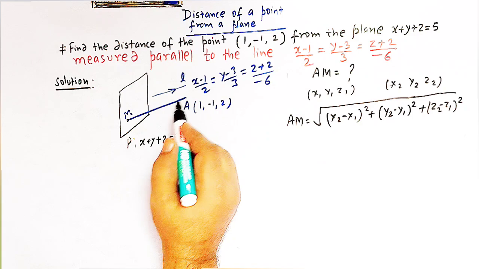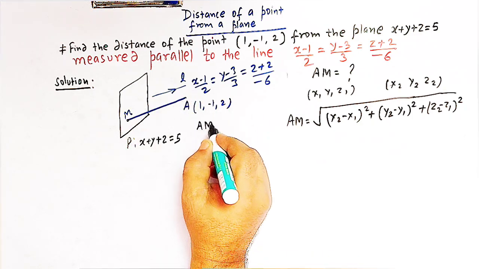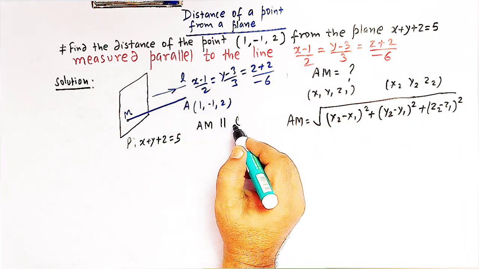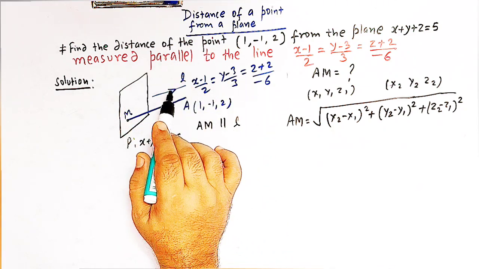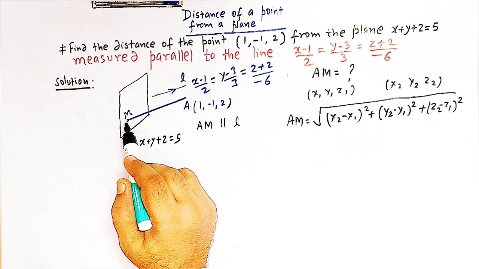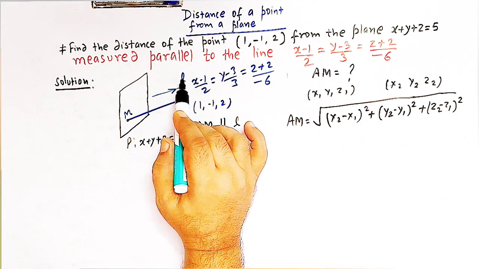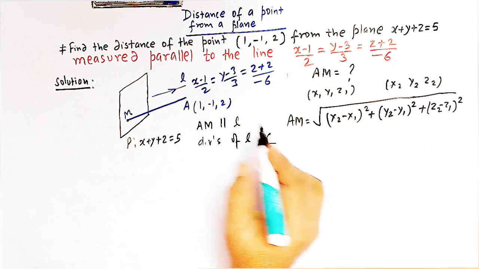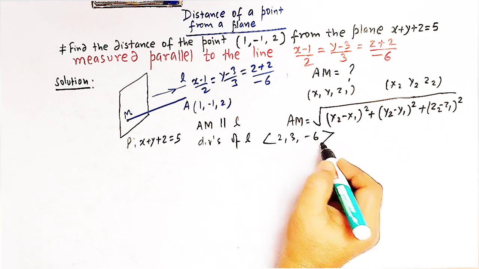So now this segment, that is AM, is parallel to the given line L, right? And here this line, that is AM, is parallel to L. So the direction ratios of the line L and AM are proportional, and the direction ratios of the line L are given by 2, 3 and minus 6, right?